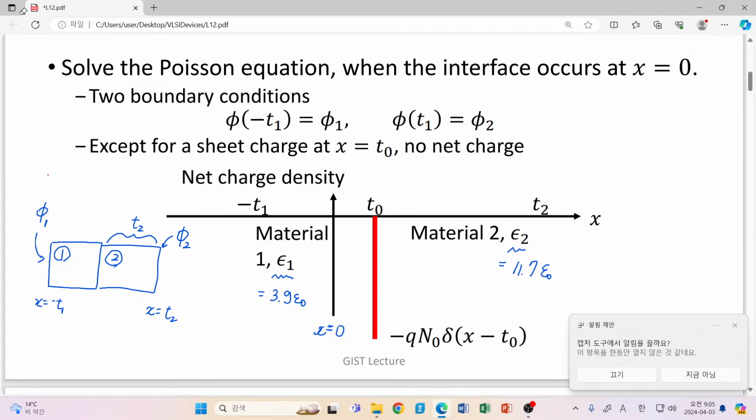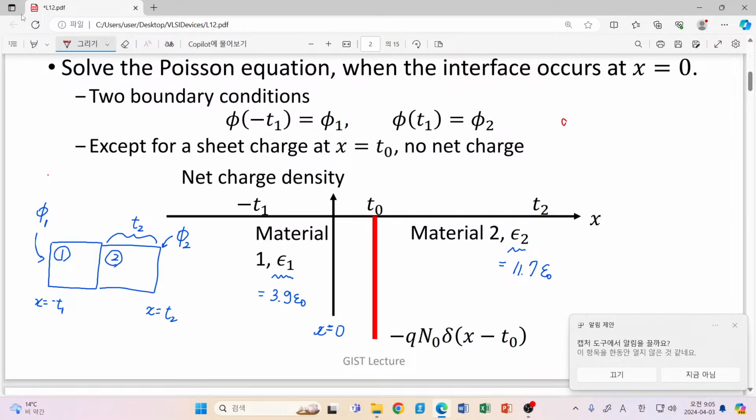Then what happens? You must solve the equation like this, the second derivative of your potential is equal to minus rho over epsilon. When we have homogeneous, uniform permittivity, we can write it this way.